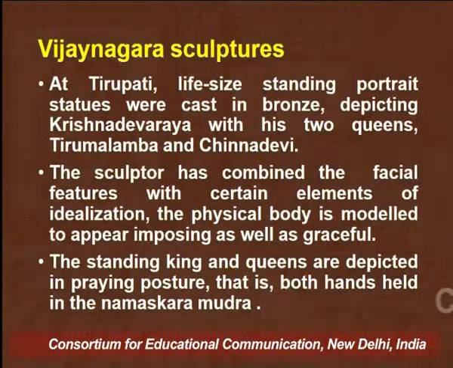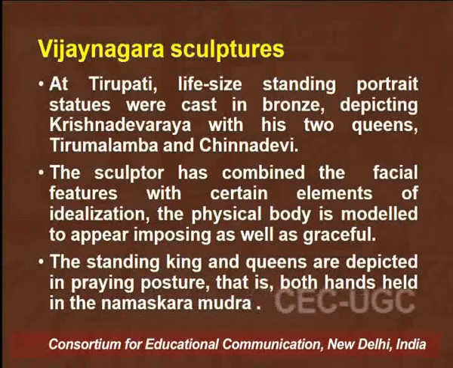At Tirupati, life-size standing portrait statues were cast in bronze depicting Krishna Dev Raya with two of his queens, Tirumalamba and Chinna Devi. The sculptor has combined the facial features with certain elements of idealization, and there is also an attempt to make the physical body appear graceful.